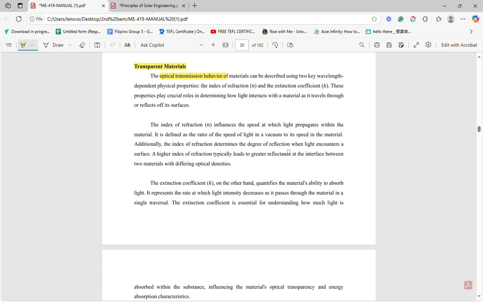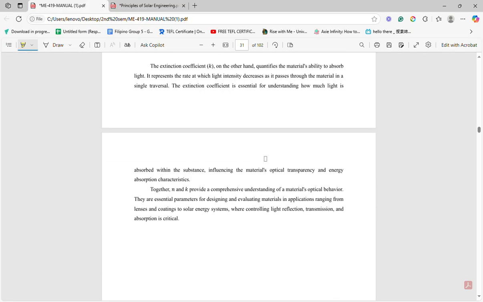More sunlight can penetrate. Where do we use this? We use this in solar greenhouses, where we plant trees. We use transparent materials for the sunlight to pass through for our plants to undergo photosynthesis.